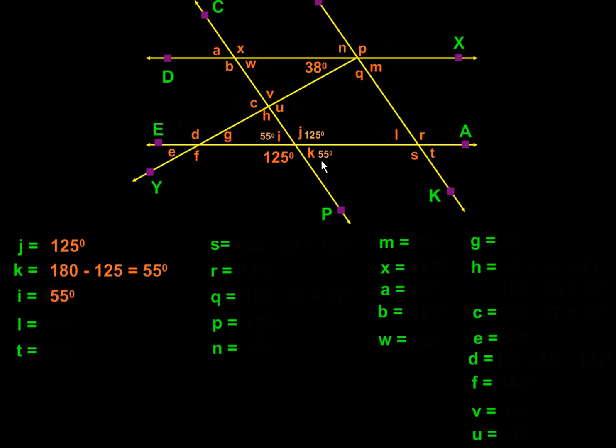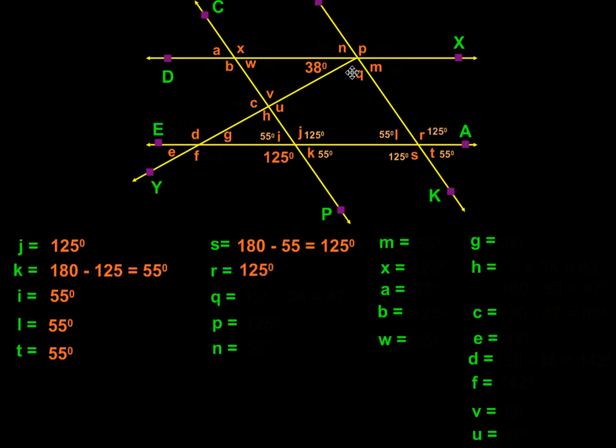L is connected to K in that they are interior alternate angles, and so they are also congruent. T is a vertical angle to L, so that would make that congruent as well. S is going to be 180 minus T, or 55, and so that would be 125. R is a vertical angle to S, and so that makes it congruent.